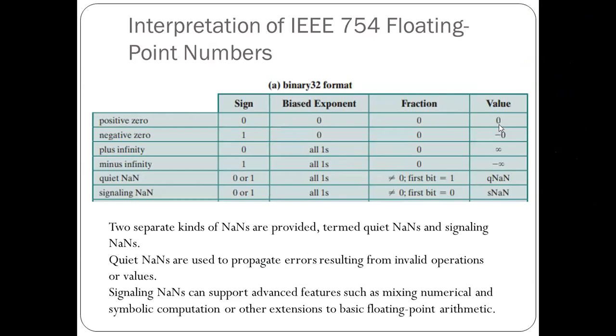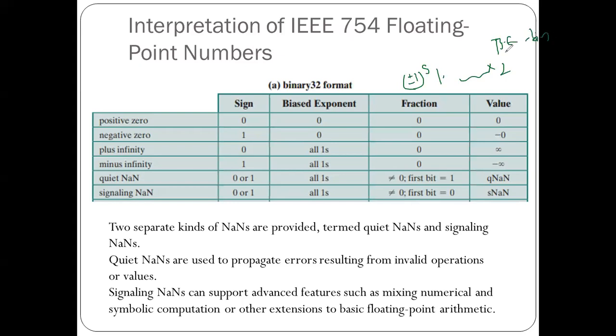As per scientific notation, we have plus or minus, 1 dot the fractional bits, into 2 power true exponent, which is biased exponent minus bias value.